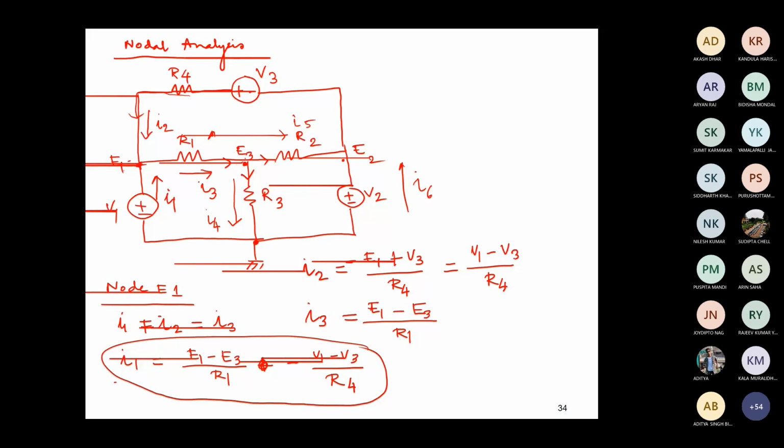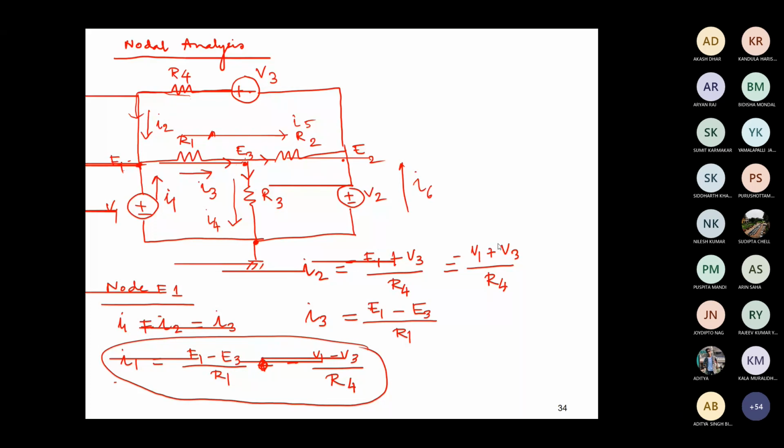Sir, there is not zero potential before V3, so how can we assume V3 minus E1? Sir, there is E2 potential which is equal to V2, right? Yes, no resistance is there, so you can write E2 is equal to V2.